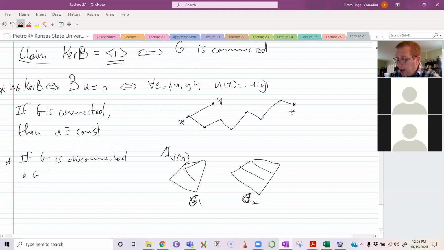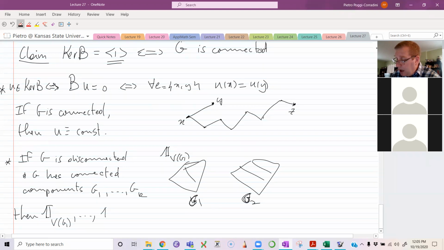And if G has connected components G1, say up to GK, then these indicator functions are, first of all, linearly independent, because you cannot write one as a combination of the others. That's pretty easy to see.